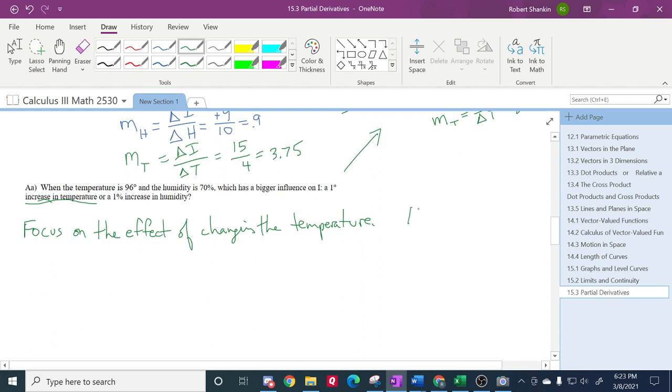You hold the humidity constant at 70%. All right. Now, holding the other one constant is vital to this, to see what happens when you increase the other one. It's like we're creating a new function.